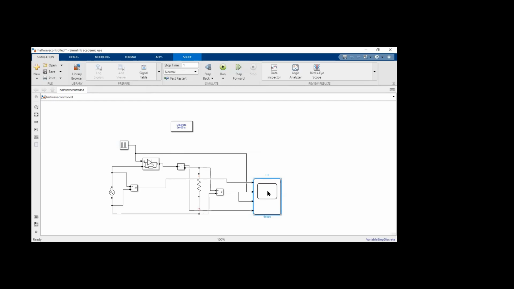So there will be an option that will come, here 4 blocks will be there. Okay, so now let me run this. Now I have run the model.